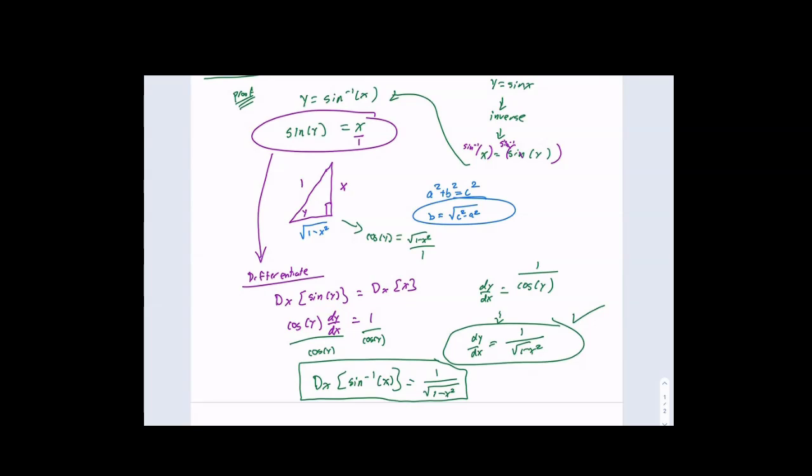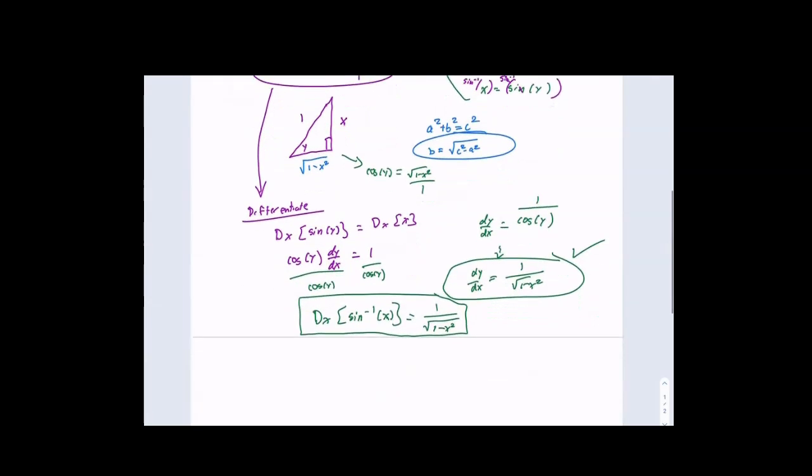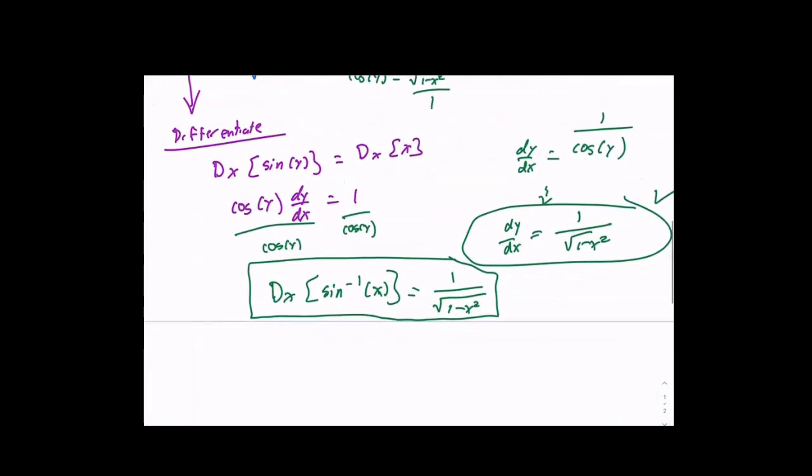And then we did some nice trigonometric relationships in order to get it back down to square root of 1 minus x squared. So 1 over that. Overall, though, you can just memorize this, and that's really what's most important.